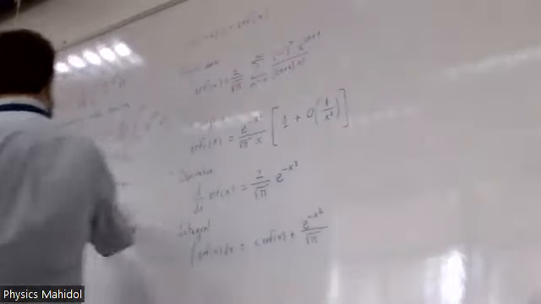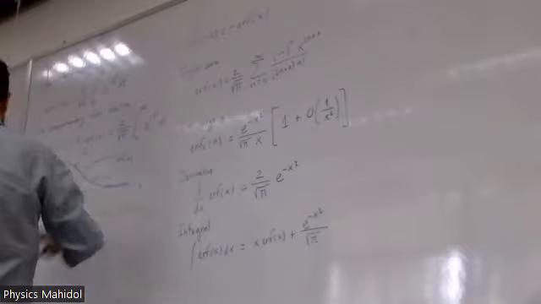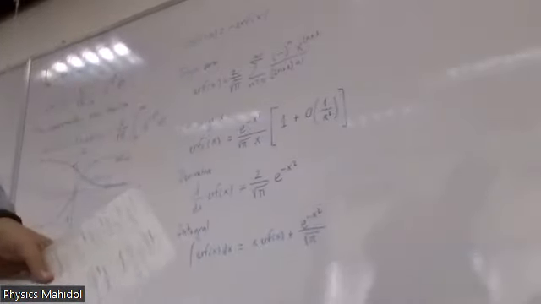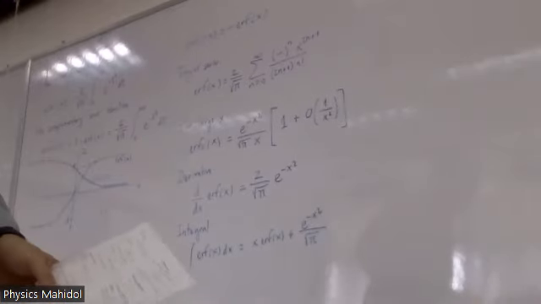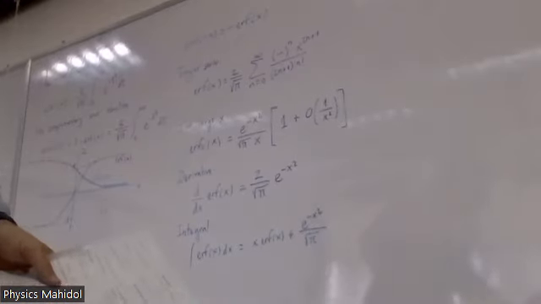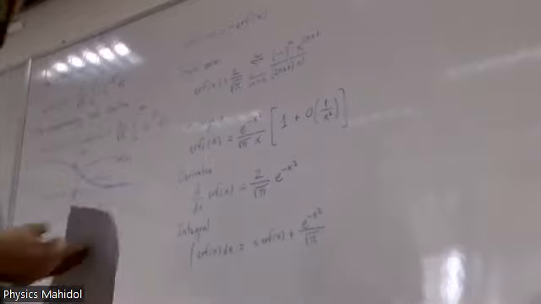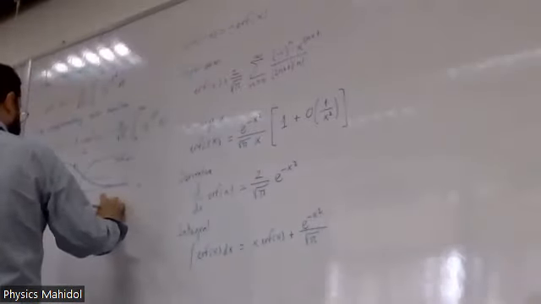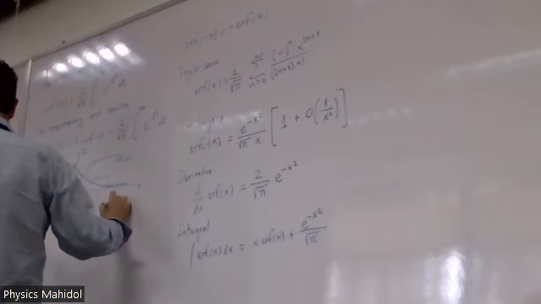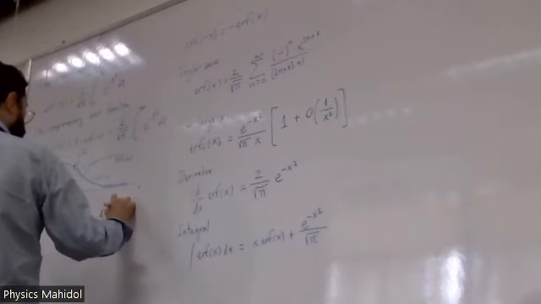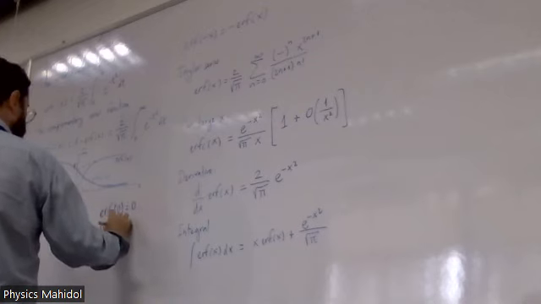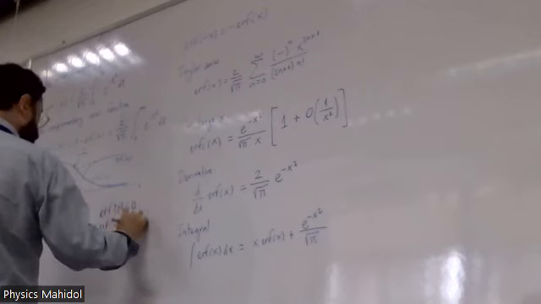Well, let me remind you here of some specific values. As I was trying to show you in the graph, the error function of 0 is 0. The error function when x goes to infinity is 1.